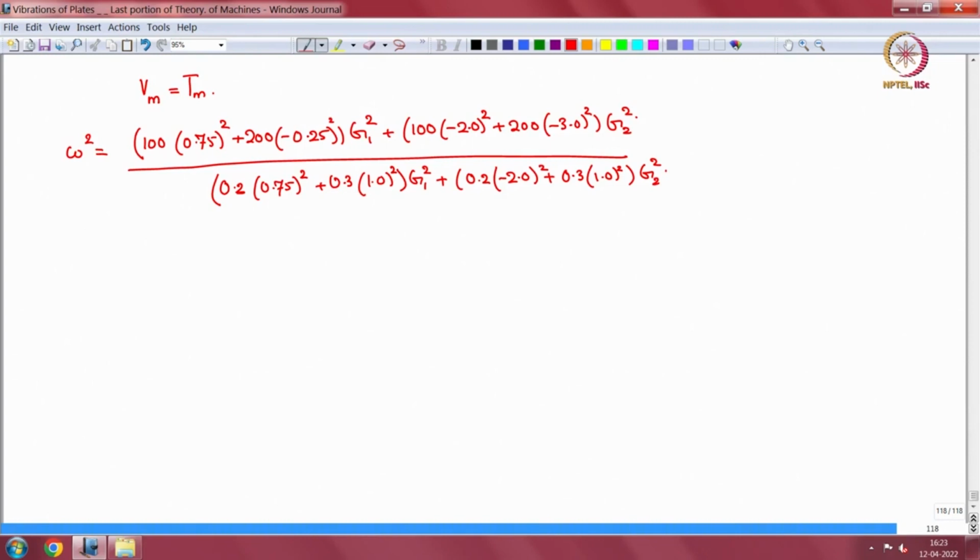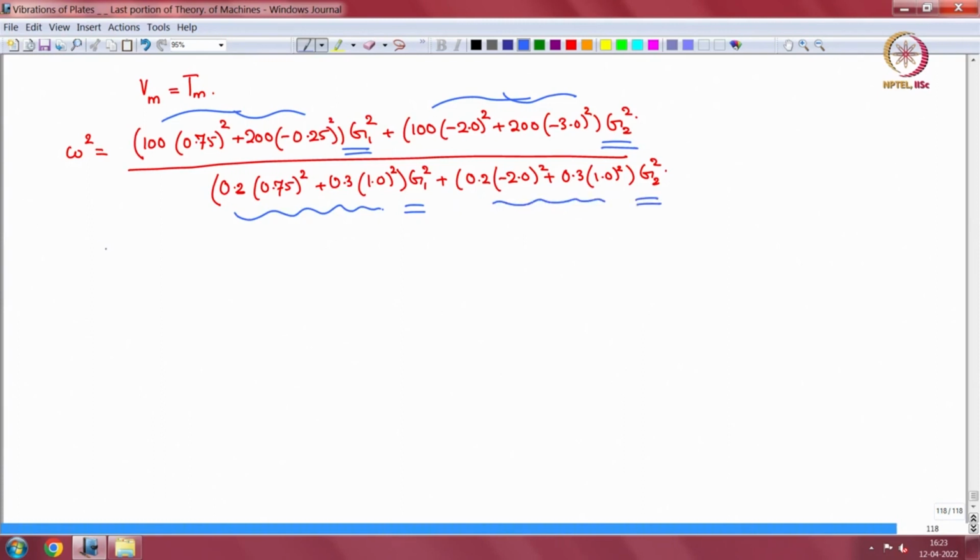And this can be written so that there is a certain number multiplied by g1 square, another number multiplied by g2 square, and again in the denominator a certain number multiplied by g1 square and another number multiplied by g2 square.